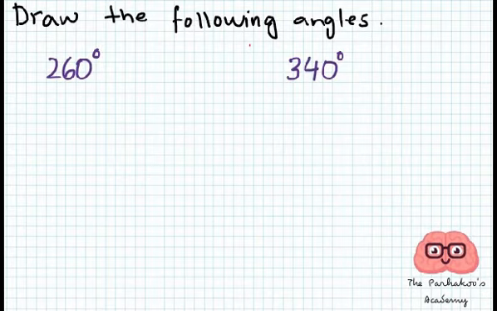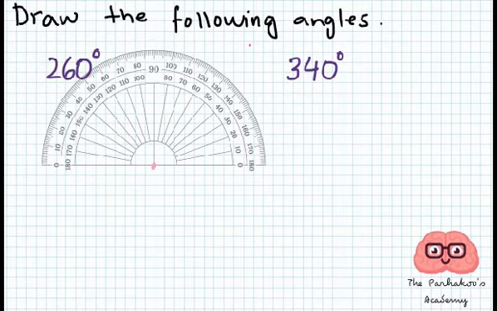So now we have 260 degrees and 340 degrees. Let's start off. Let's select a point, let's say here, and now it's time to place our protractor. Okay, now if you see here, it ends at 180 degrees. There's no 260 here.